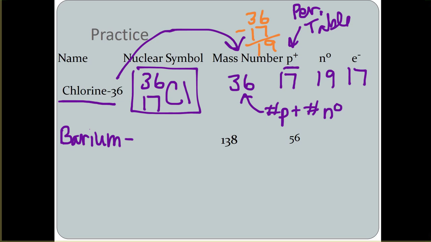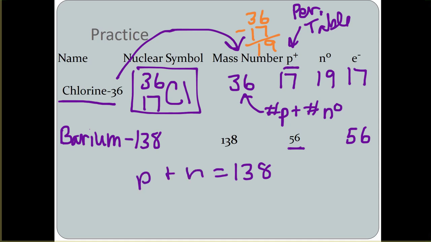So this is barium-138. That, again, is the mass number. We know the proton number is 56, so we know that we should have 56 electrons. To find the neutrons, again, protons plus neutrons will give us 138 as my mass number.